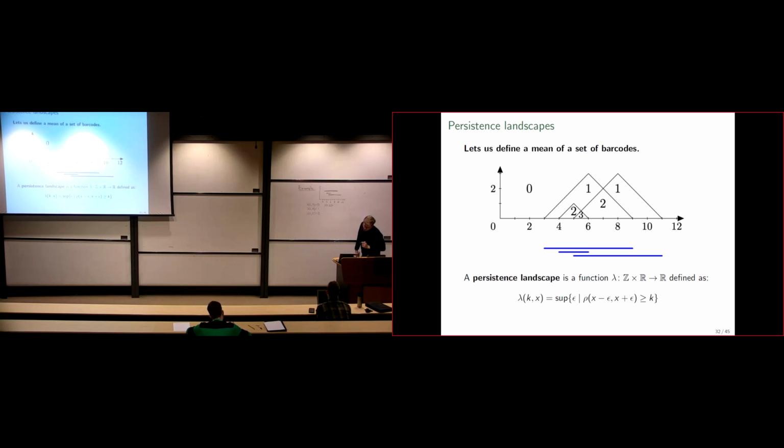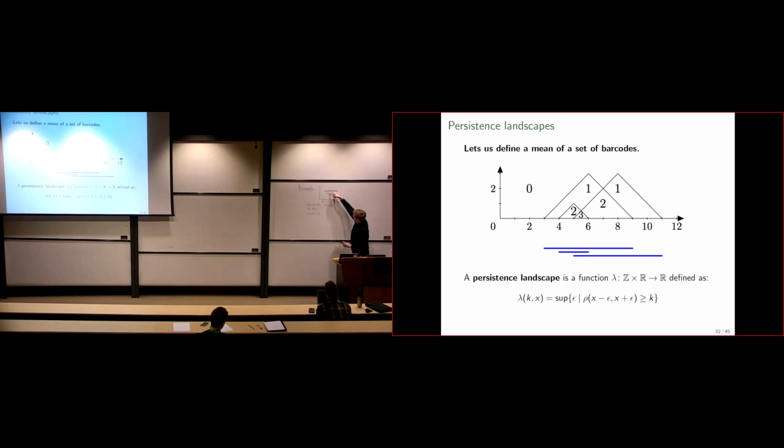Okay, so at 6 we get the same thing. We get some contribution here from this bottom bar, but that's very little because it's just epsilon equal to 1. We get a map of rank 2.